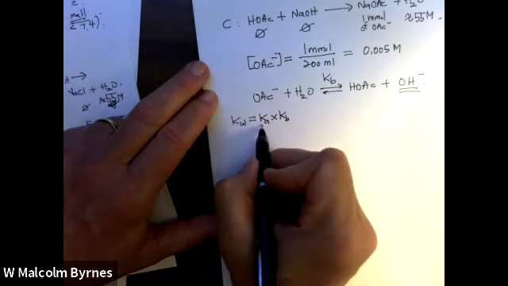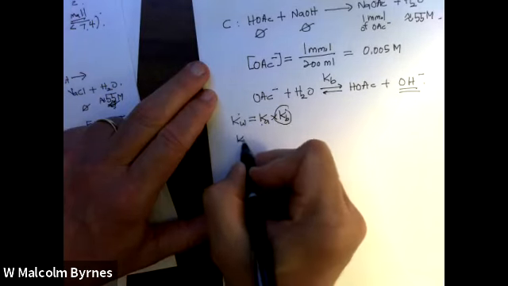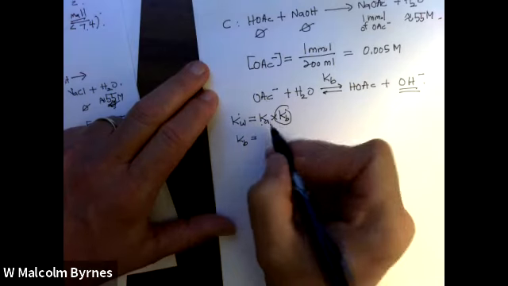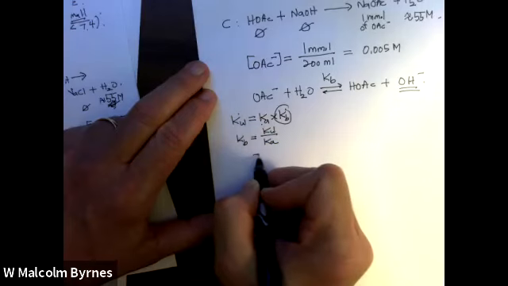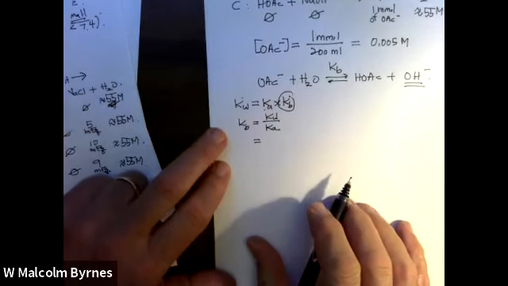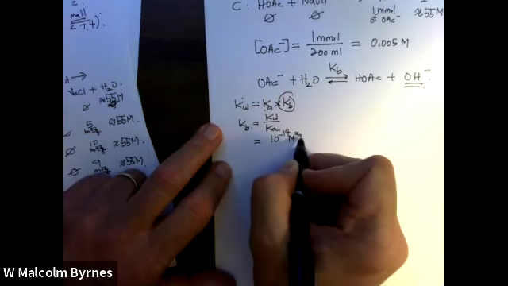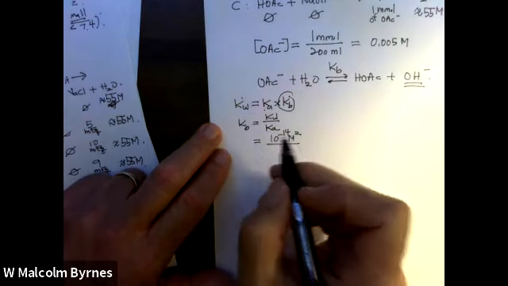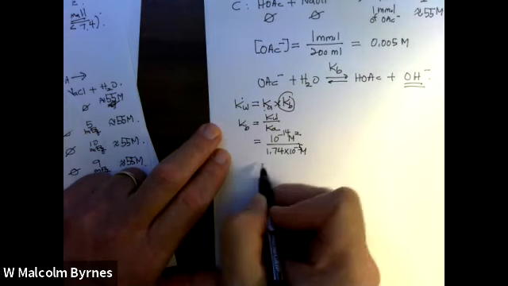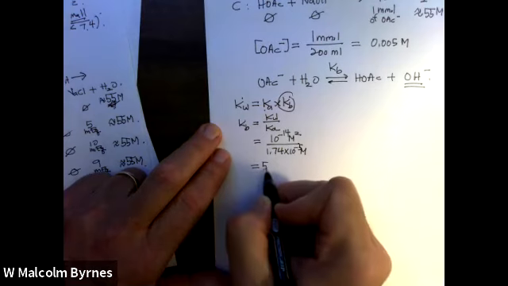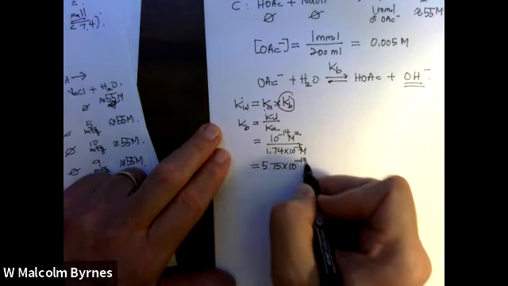So if we know Ka and Kw, we can find Kb. Kb is equal to Kw divided by Ka, which is 10 to the minus 14 molar squared divided by 1.74 times 10 to the minus 5 molar, which is equal to 5.75 times 10 to the negative 10 molar.